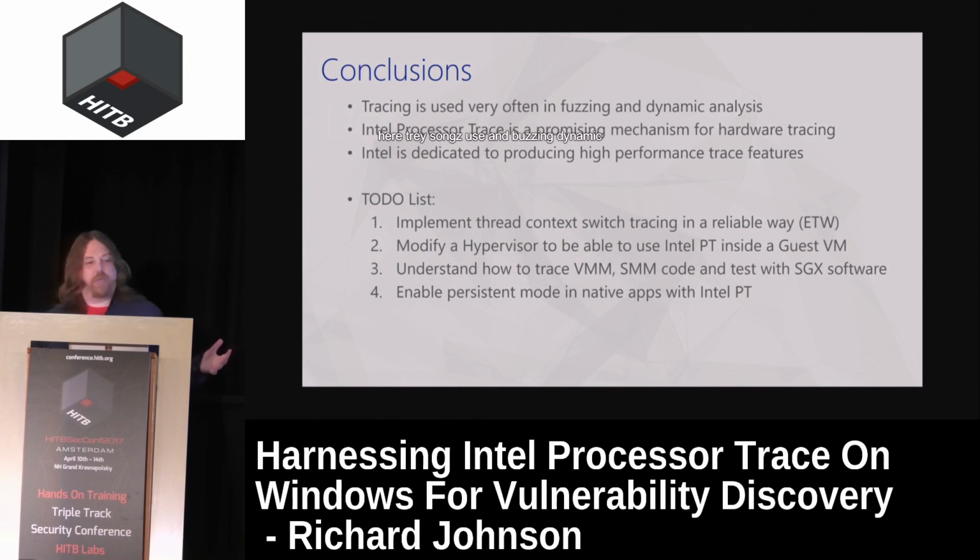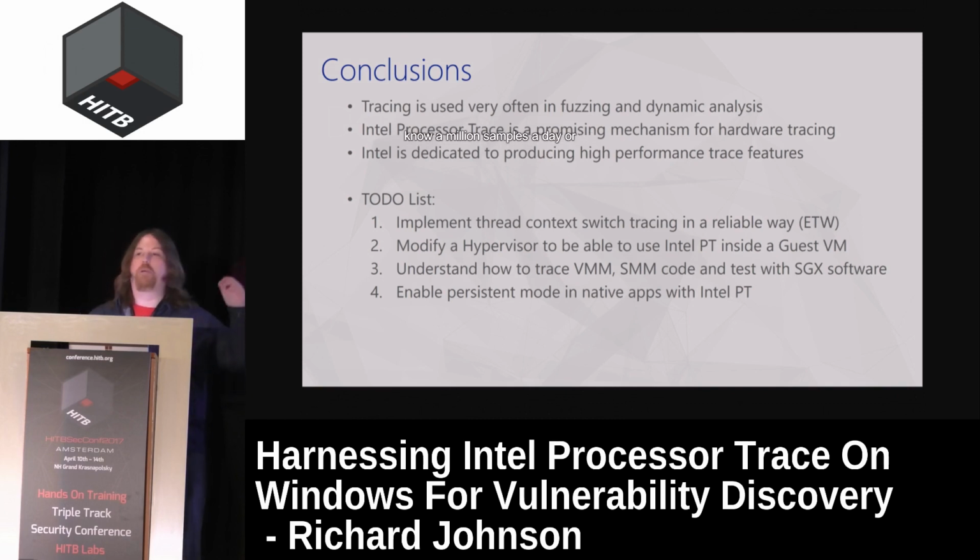So the conclusions, takeaways here: tracing is used in fuzzing and dynamic analysis. We have all kinds of applications for doing the branch tracing. My particular application today is fuzzing. Yours might be doing malware analysis across a billion or a million samples a day or something. It's definitely a promising iteration in hardware-supported tracing.